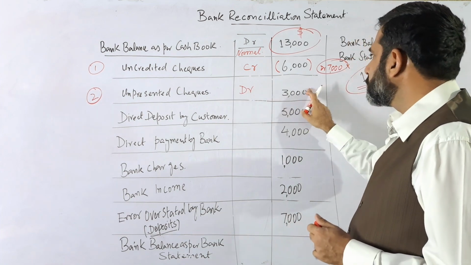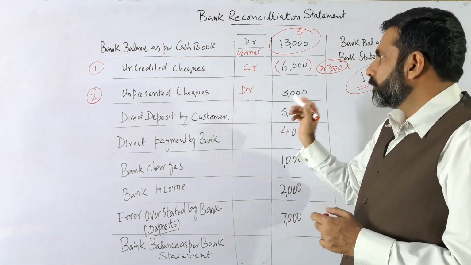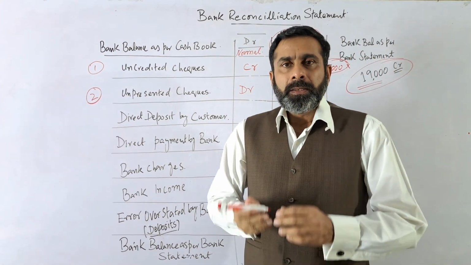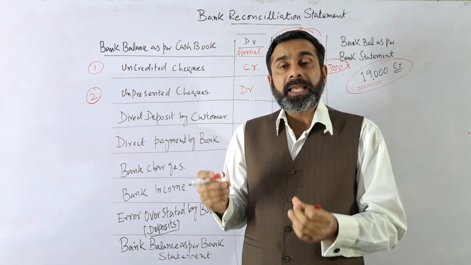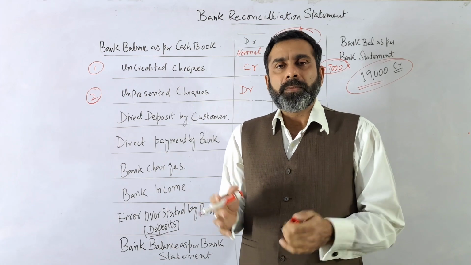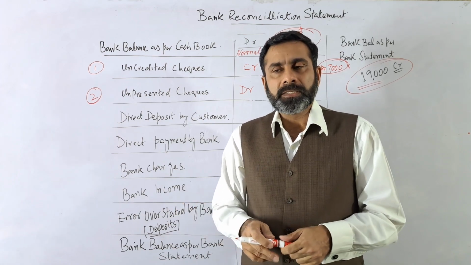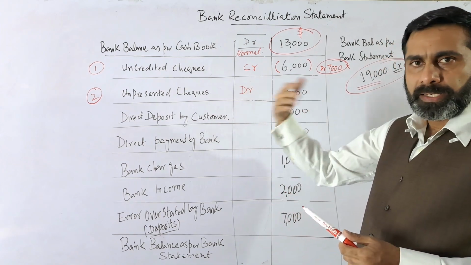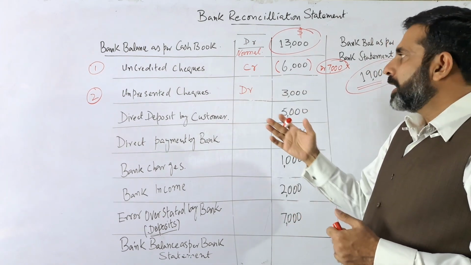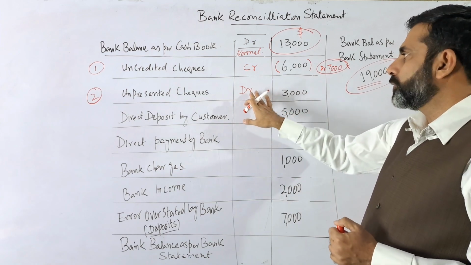The amount is how much? 3,000. So any amount that the business has issued to suppliers, but they have not yet collected from the bank. We have already discussed the reason. The rule, as we have discussed in previous lectures, is that it should be debited, so it should be debited.